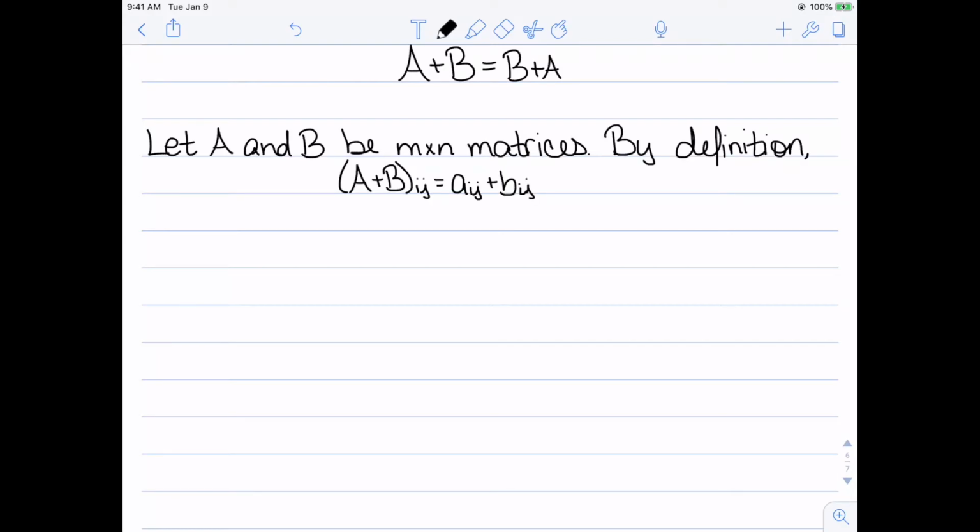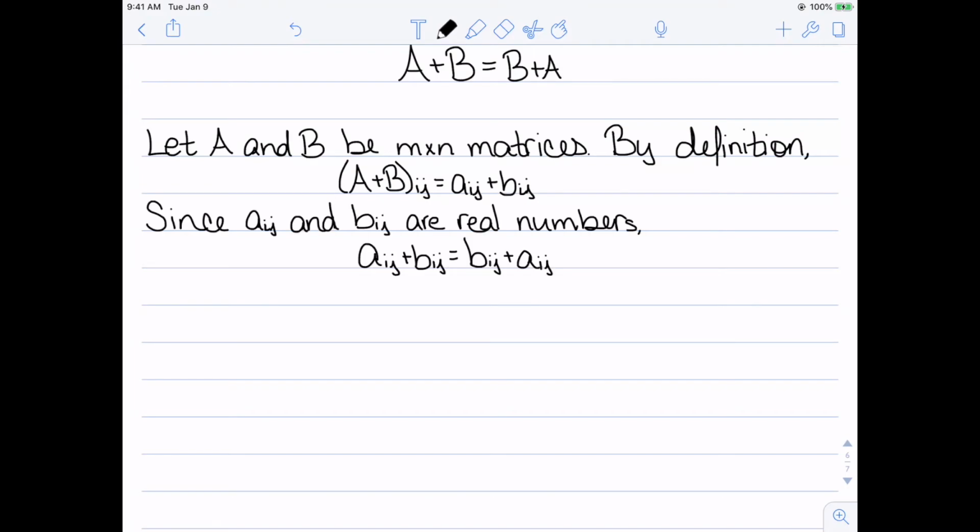By definition of matrix addition, I know that (A plus B) sub ij, so the entry in row i and column j of the sum, is equal to little a sub ij plus little b sub ij. So this is my shorthand notation that says the entry in row i and column j came from adding the two entries in row i and column j from A and B. Since a sub ij and b sub ij are real numbers, we know we have commutativity of real numbers.